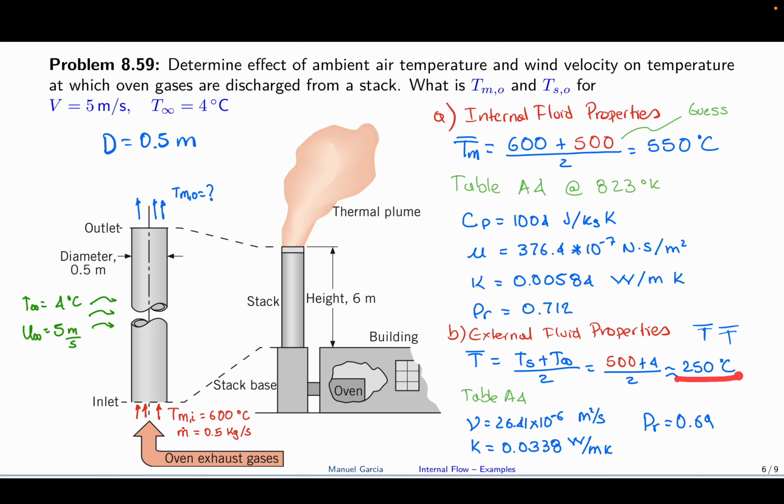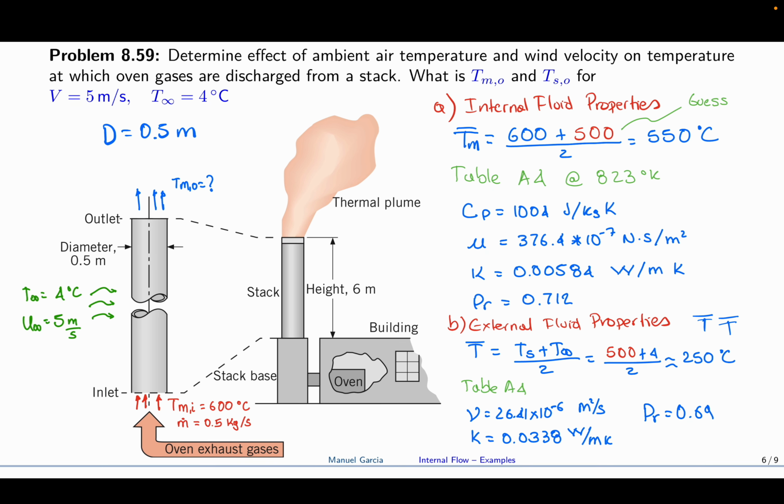That will give us 250. It's a much wider range in this case, because it's 504. With that, we go to table A4 again and copy these values. If after we compute the temperature at the surface we find out that there is a big difference, we can recalculate the values and iterate a second time until we get much better values.